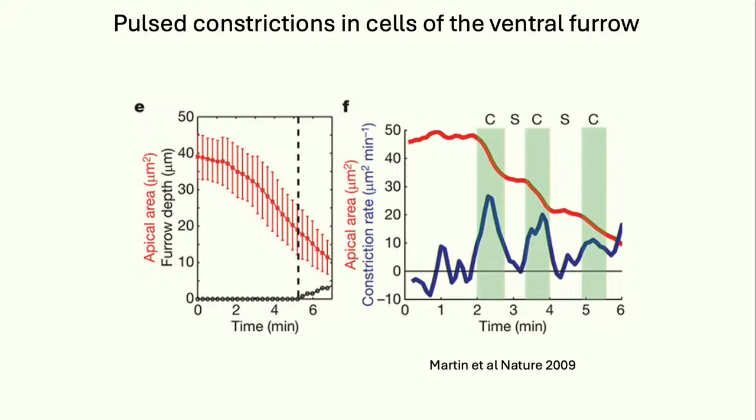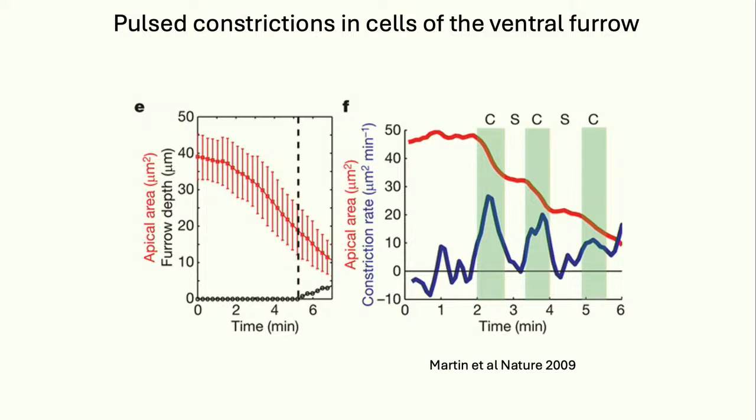Now while that is happening, if I look at the constriction rate of these cells, they are not just constricting smoothly. There is a point at which it constricts, there is a constriction phase, then there is a pause in the middle, there is a constriction phase, and then there is a point at which it does not constrict, and so on. So this constriction is essentially coming in pulses, all right.